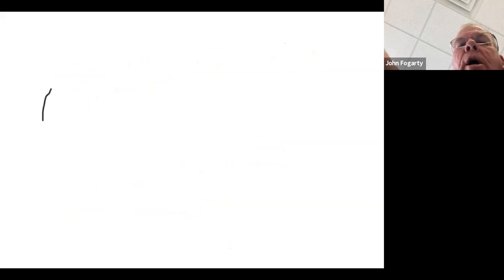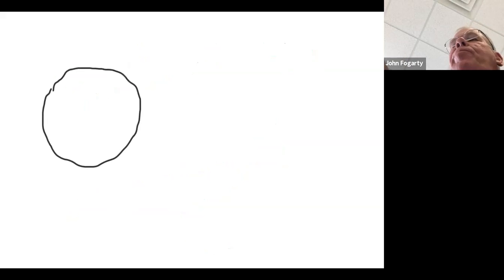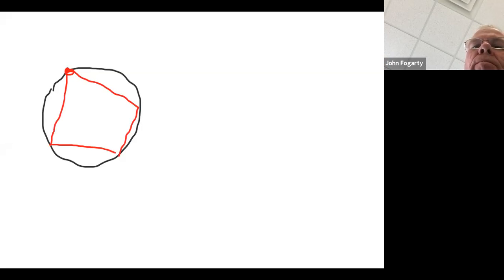Ready? I'm going to draw a little circle, and inside the circle, I'm going to draw a quadrilateral. So I got A, B, C, D. So before I even start, I have a quadrilateral inscribed. So I know the opposite angles are going to be supplementary.